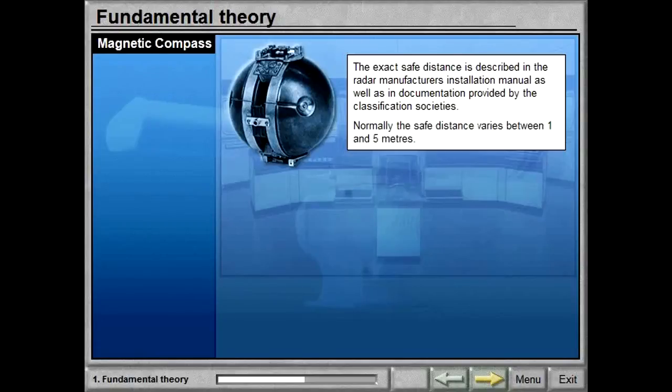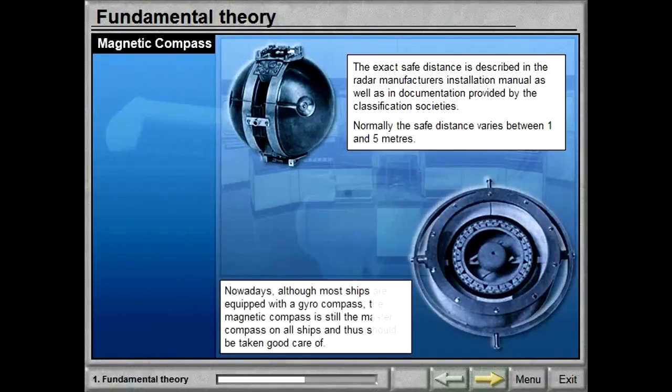Normally, the safe distance varies between 1 and 5 meters. Nowadays, although most ships are equipped with a gyro compass, the magnetic compass is still the master compass on all ships, and thus should be taken good care of.